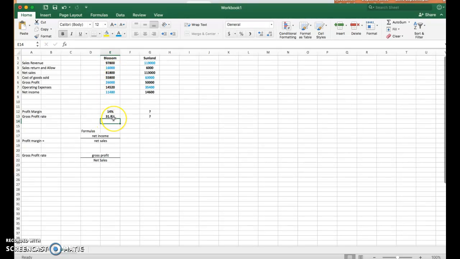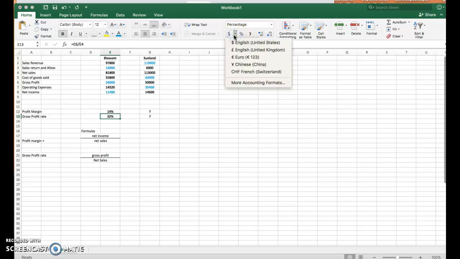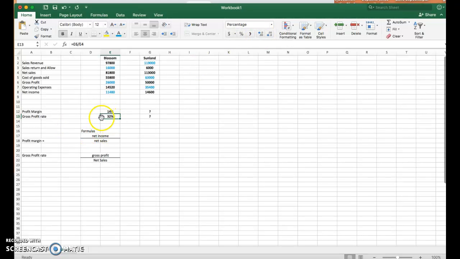And the reason why it went to the 10th place is because I had already adjusted it. Initially it'll round to the nearest whole percent, but they want us to do 1 decimal. So we do the same thing here.